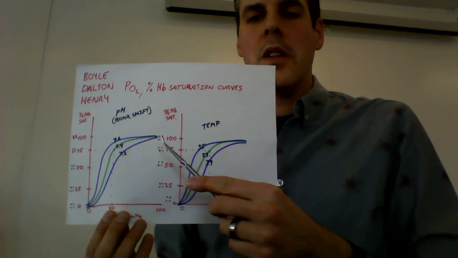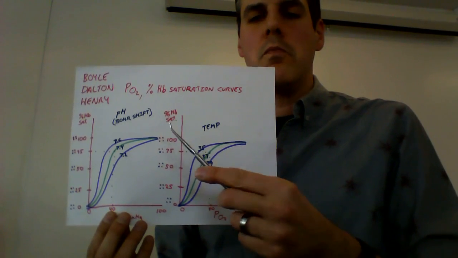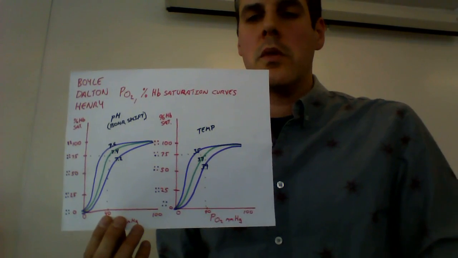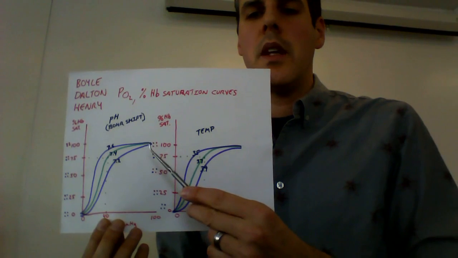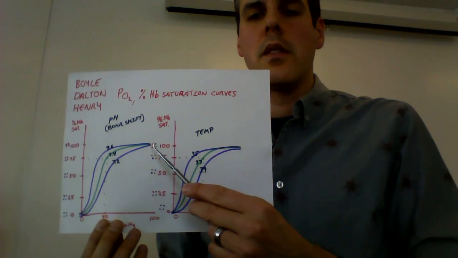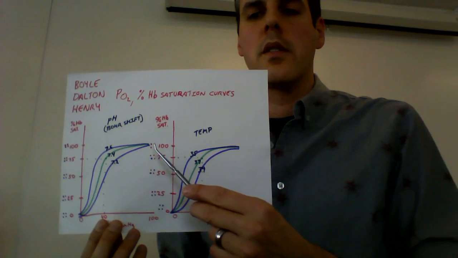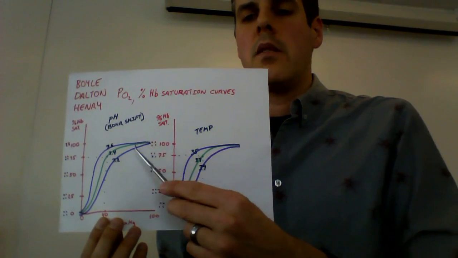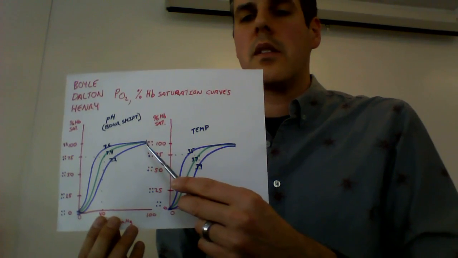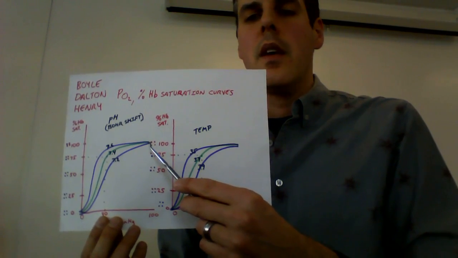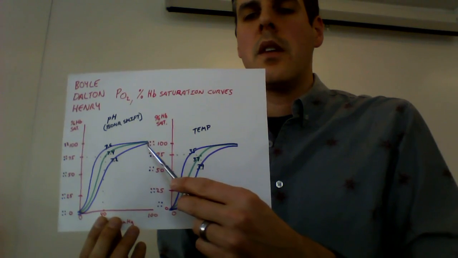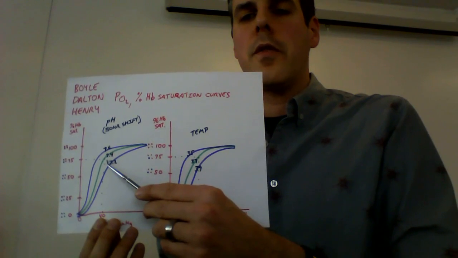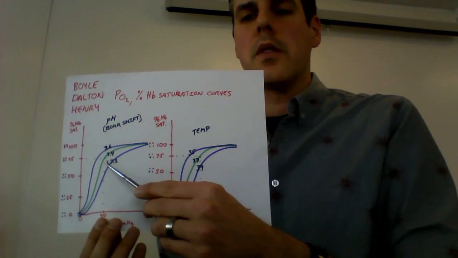Hemoglobin, under normal conditions, normal temperature, normal metabolism, just resting metabolism, pH, is going to be fully saturated, 100%, in the arteries, from the lungs, out in the aorta, to your arteries, out to the tissues. Gets to the tissues, exchanges with the tissues, and then now oxygen is going to move to the tissues, and PO2 is going to be about 40. Hemoglobin is about 75% saturated.